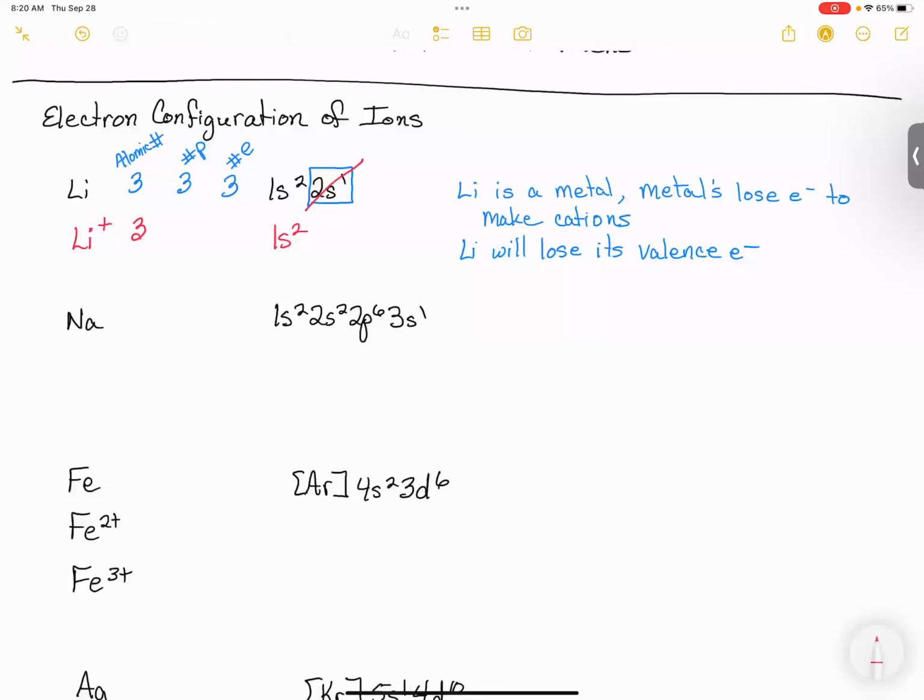The number of protons cannot change because the identity is lithium. The only thing allowed to change is the electrons. And we lost 1 electron. So in other words, Li plus has only 2 electrons in it. Take a moment and digest that.